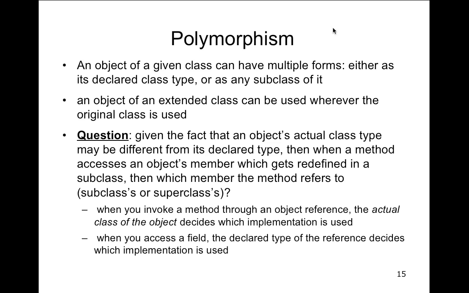So an object of a given class can have multiple forms, even as it's declared a class type, or has any subclass of it. So an object of an extended class can be used wherever the original object is used. The concept of inheritance is actually creating polymorphism in itself, because we're taking a person and turning it into a student.